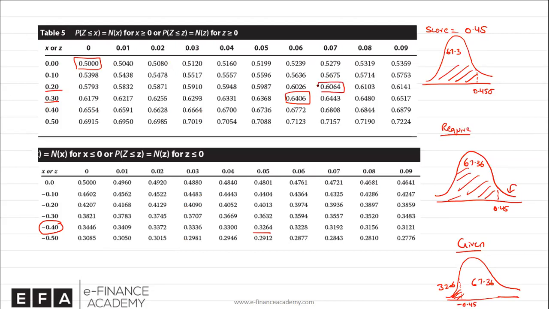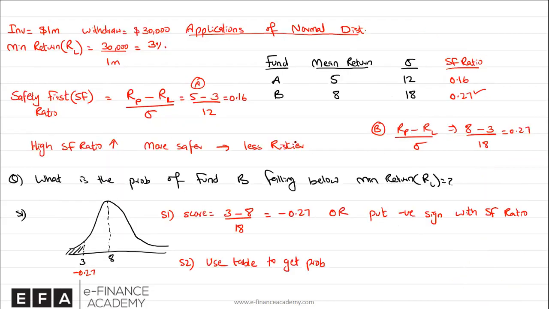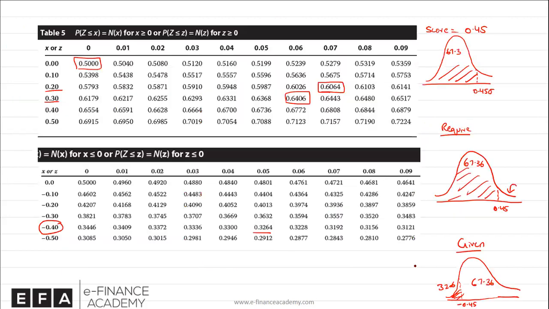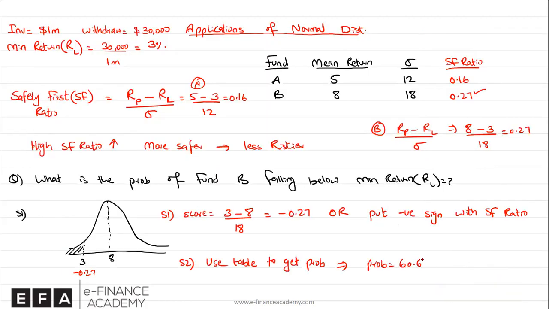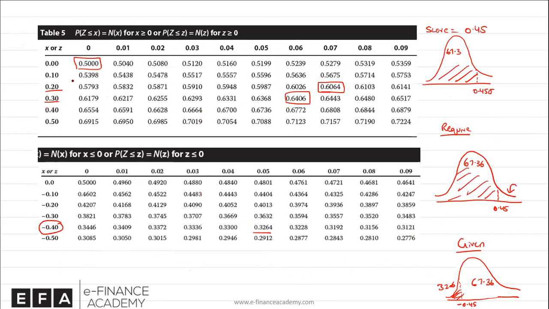So the probability is 60.64% that fund B will fall below the minimum return. If we look for fund A, which is 0.16, it will certainly have a higher probability.